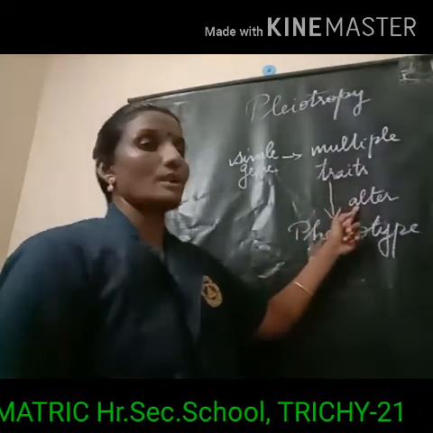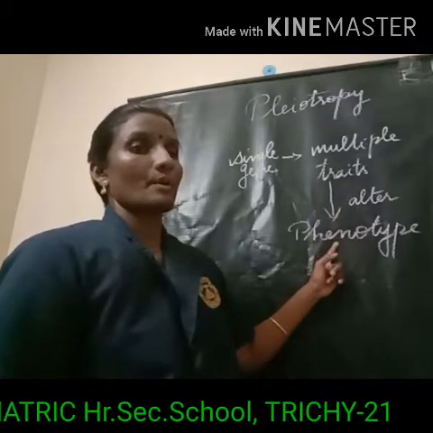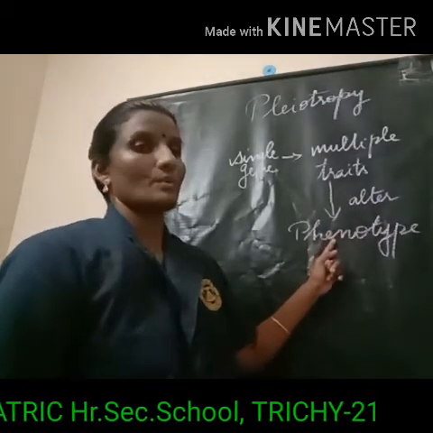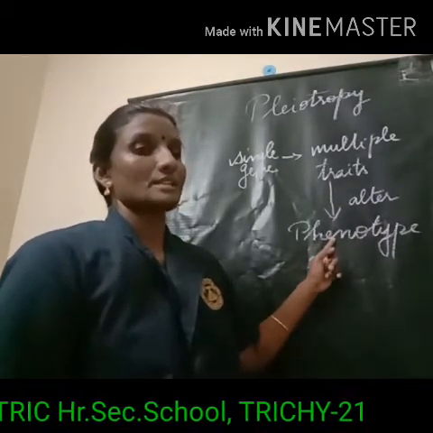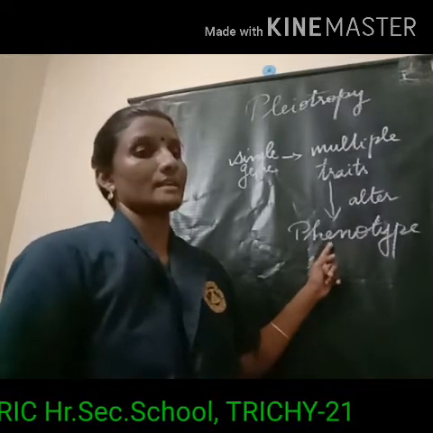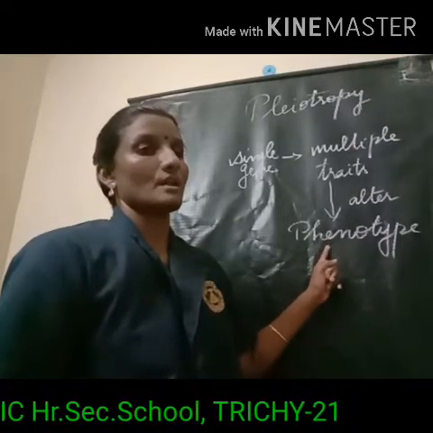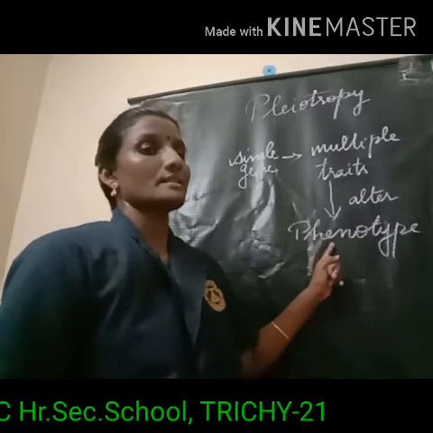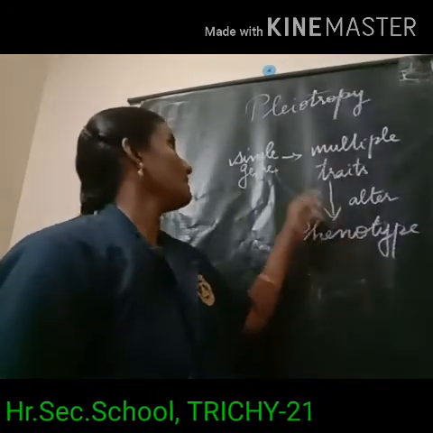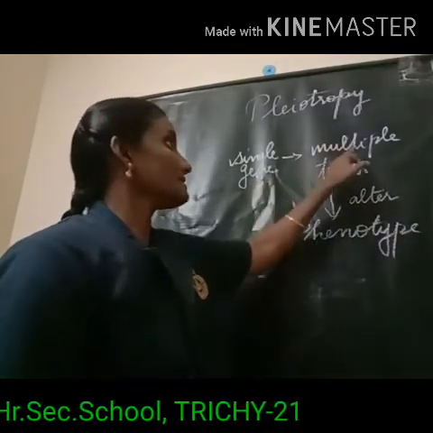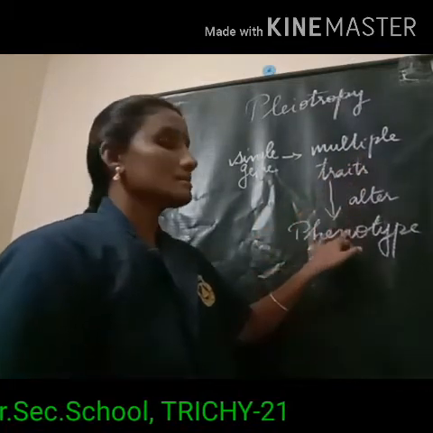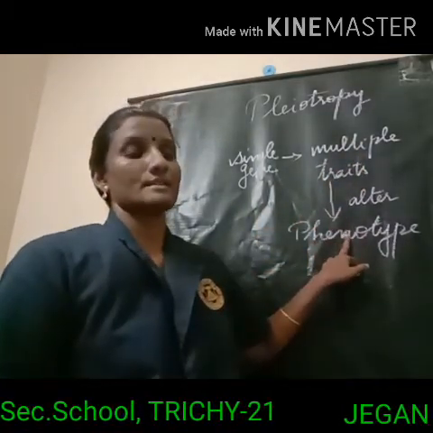Phenotype means the morphological character or external appearance, so it will change the external appearance of an organism. The single gene affects multiple traits and alters the phenotype of an organism.